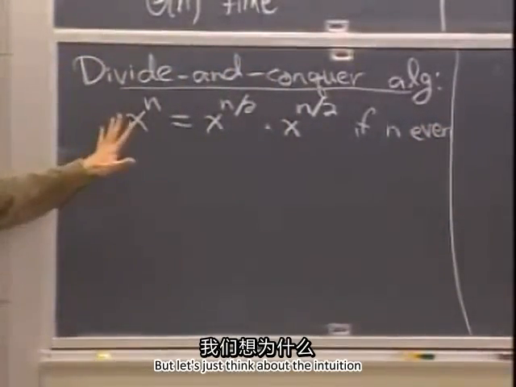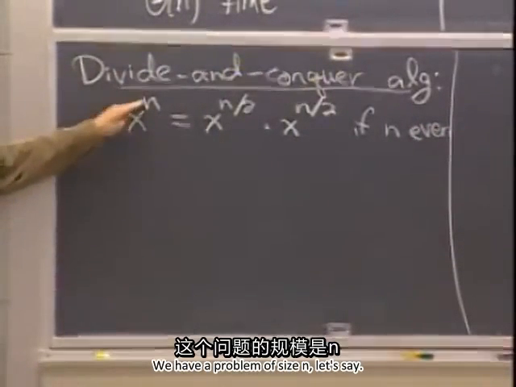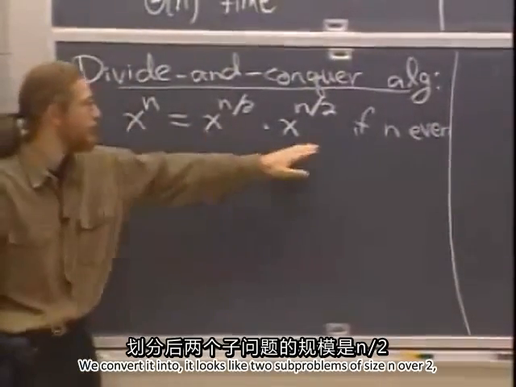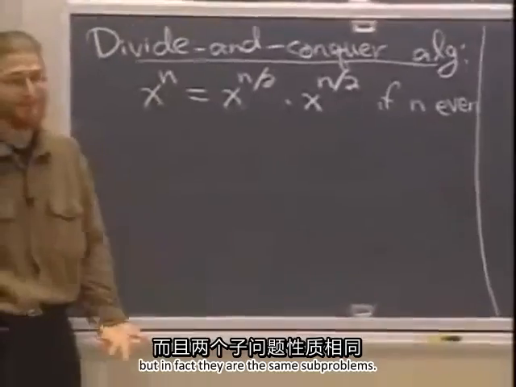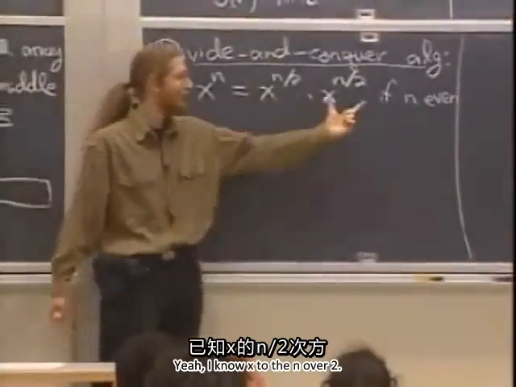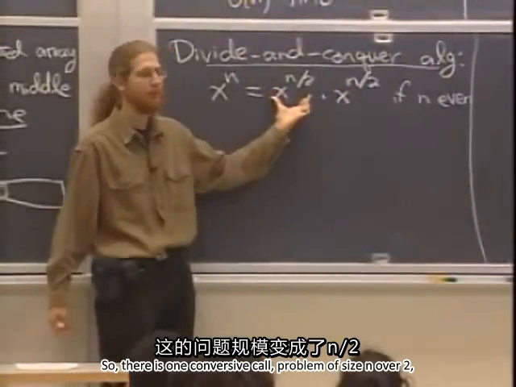But let's just think about the intuition, why this is a good divide and conquer algorithm. We have a problem of size n. We convert it into what looks like two subproblems of size n over 2. But in fact, they are the same subproblem, so I only have to solve one of them. If I compute x to the n over 2, I know x to the n over 2. So there's one recursive call to a problem of size n over 2.